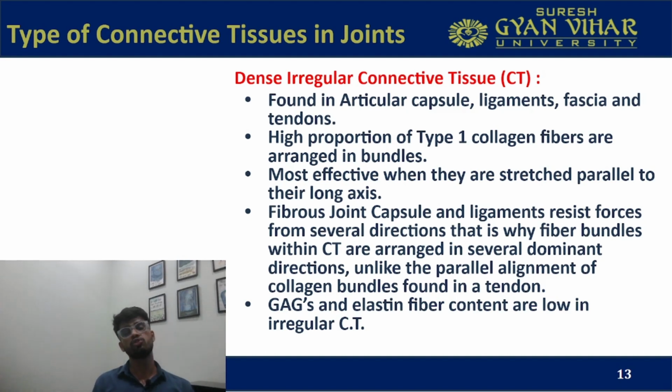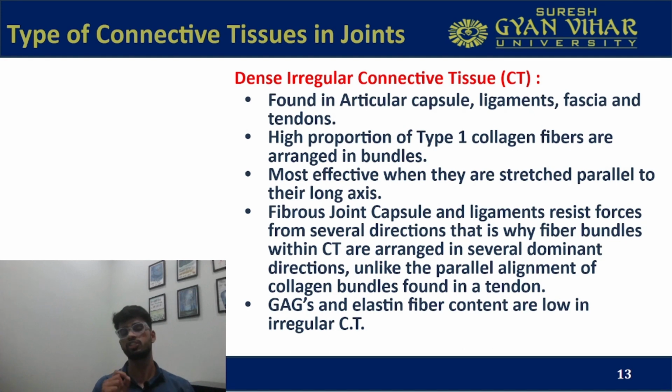So tendons have one disadvantage, that their fibers are arranged in only one direction. So they cannot provide multi-directional stability or resistance, because the fibers can function properly only if the direction of force is parallel to them. If the direction of force is parallel to the direction of the fibers of the tendon, then it is fine for the tendon.